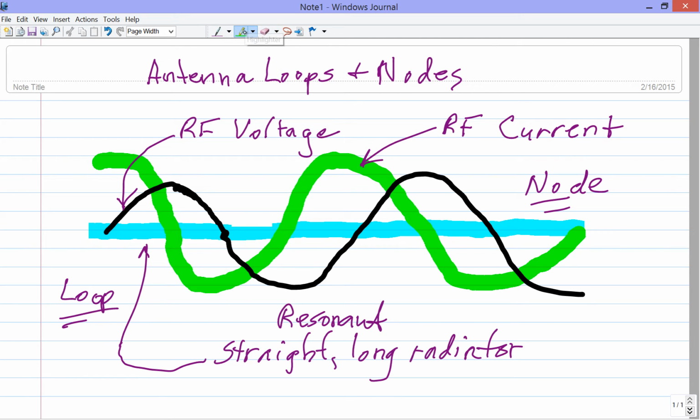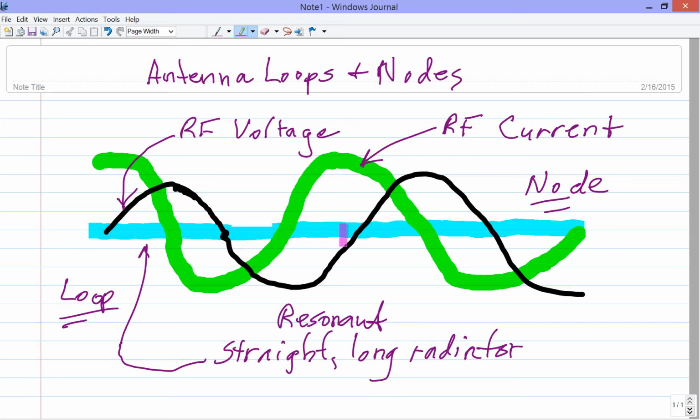of these points, either nodes or loops, for each individual, let's just change the way this looks a little bit. Let's do a thick purple chisel. Right here is a node for voltage. Right here is a node for current. Another voltage node, another current node.